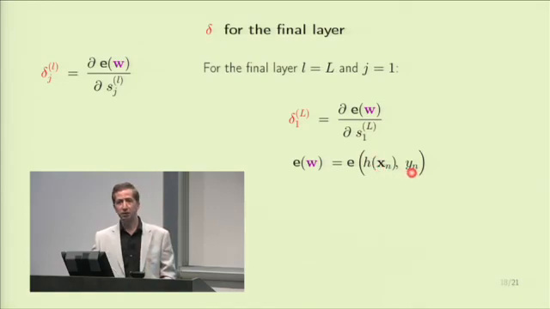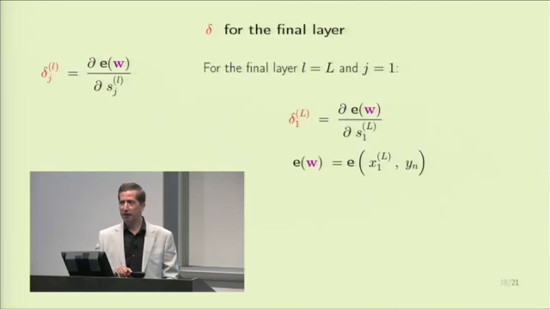You compare that to the target output, which is the label of the example yn, and that error will be your E of W. Why is it of W? Because h depends on W. So that is not mysterious because h of xn is what? It's the value of the output, right? And that happens to be the variable in layer capital L, variable number 1, that is your output.